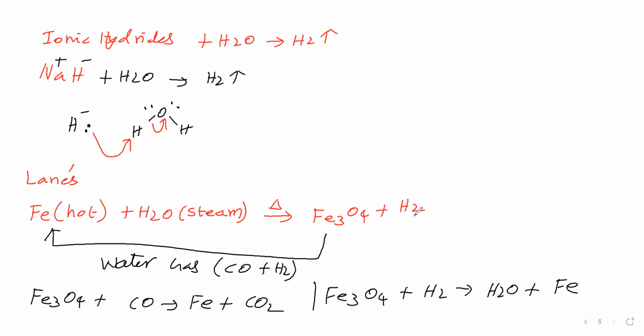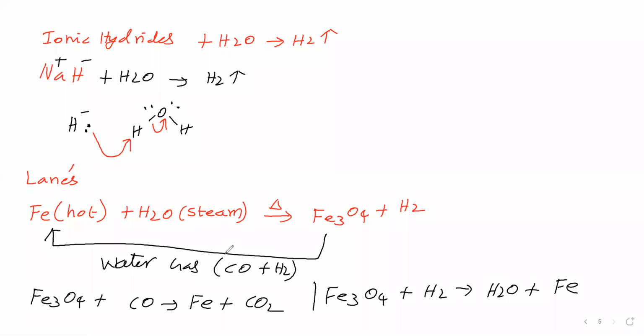Passing steam and passing water gas should take place at regular intervals. First we start with the steam. Up to a certain time we pass steam, and up to that time we get hydrogen. Then stop passing steam and start passing water gas.